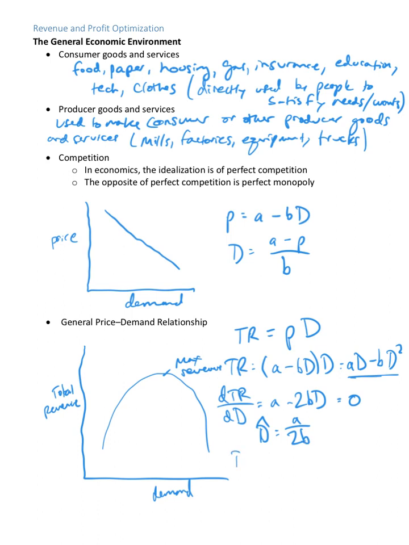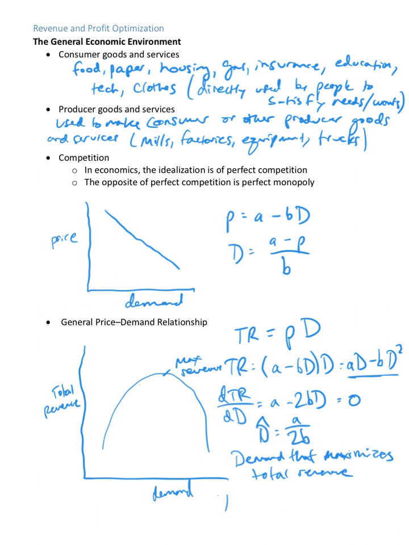This is the demand that maximizes total revenue. And what is that maximum total revenue? All I need to do is plug my value of D hat into the original equation.